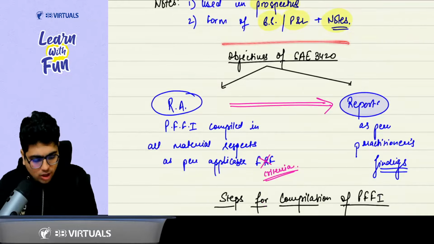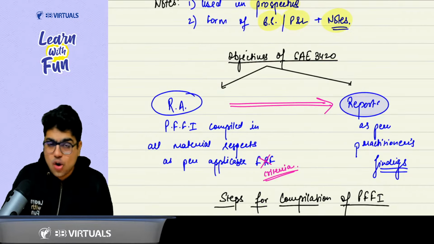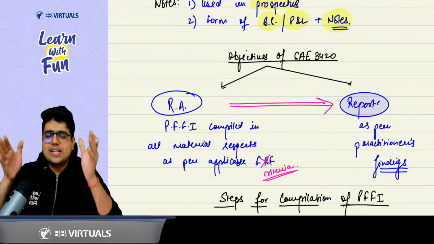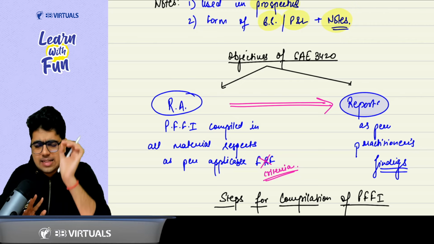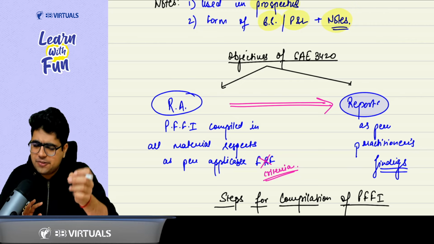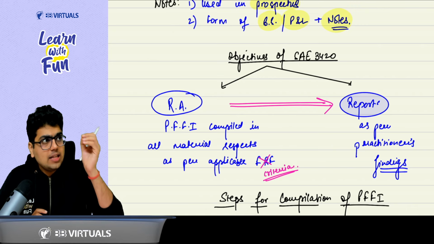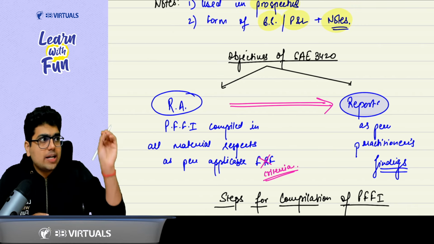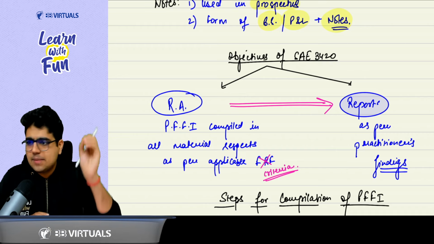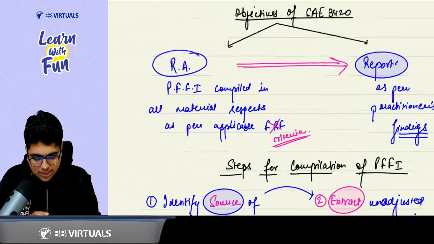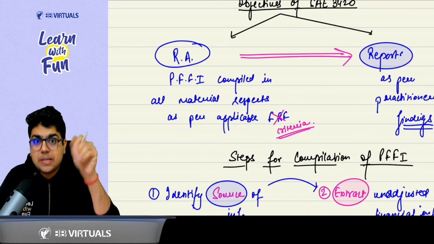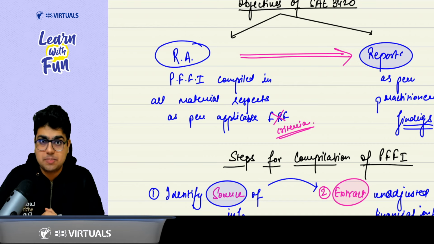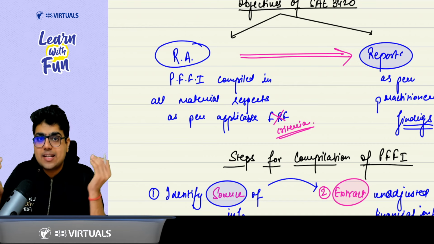Now, sir, what are the objectives of SAE 3420? What is the objective of audit? First of all, to obtain reasonable assurance that the financial statements are free from material misstatements. Once you get that reasonable assurance, you are able to express your opinion. Same thing is written here. Here again, you need to take reasonable assurance that PFFI has been compiled by the responsible party.